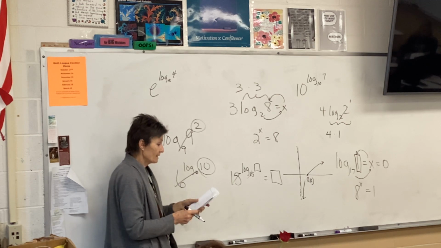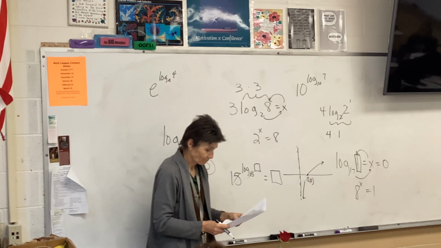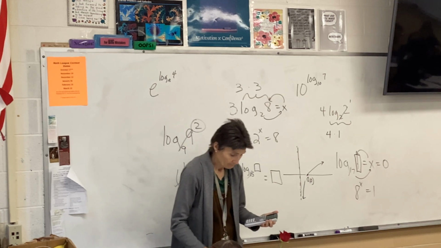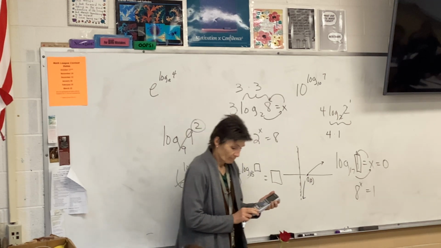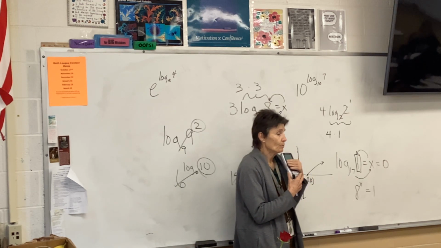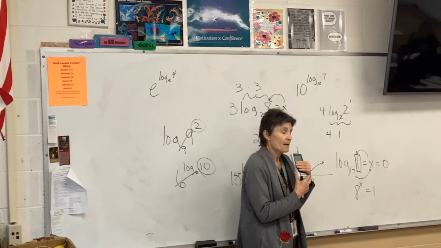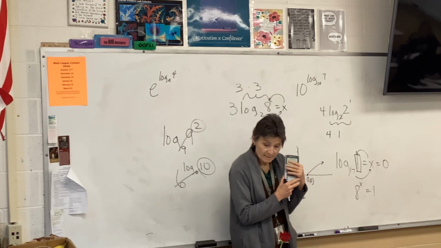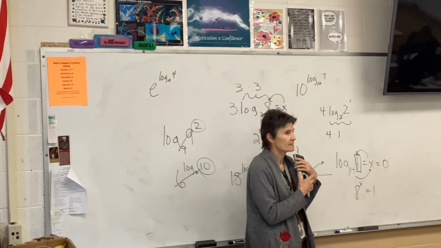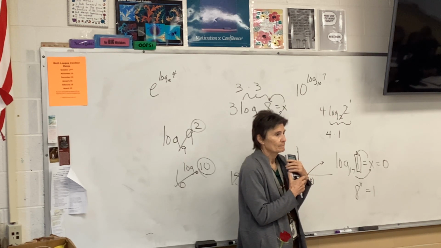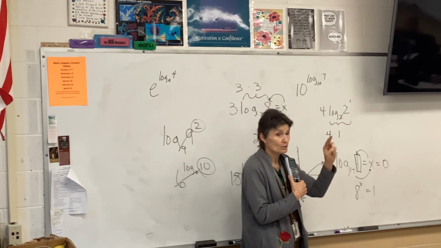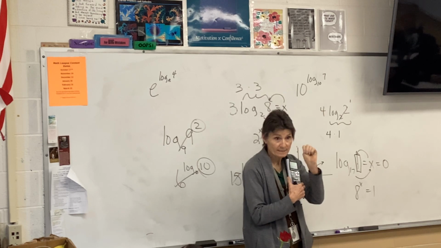Okay. All right, let's get our calculators out. So I want you to take a minute, and I want you to just type these in on your calculator. What does 10,000th mean? How are we going to round it off? How many decimal places is 10,000? 4. 1 is 10, 2 is 100, 3 is 1,000, 4 is 10,000.